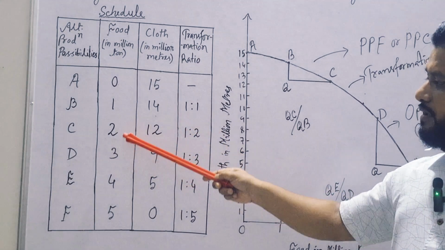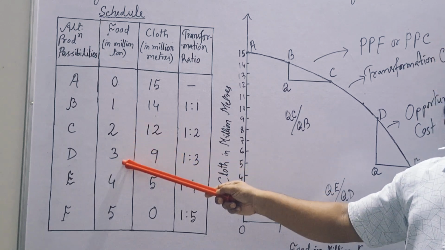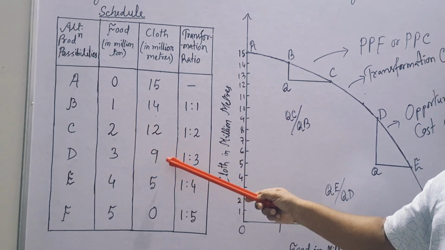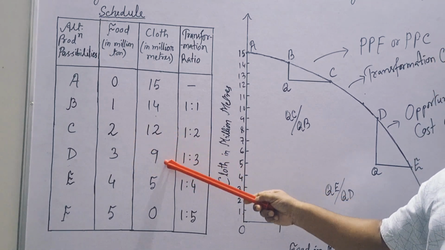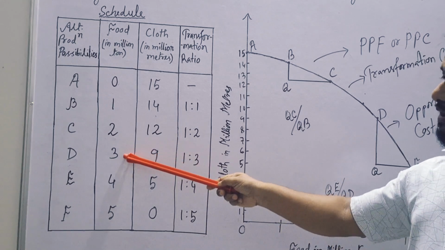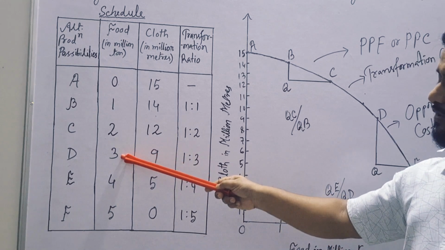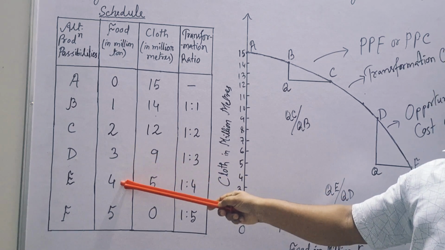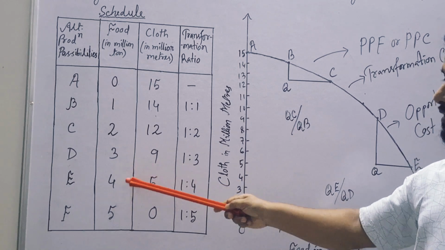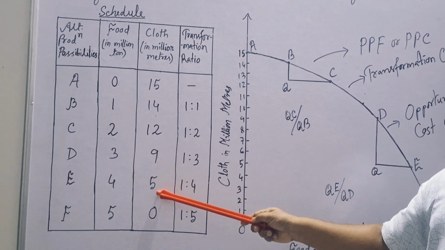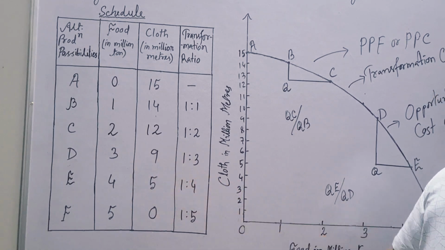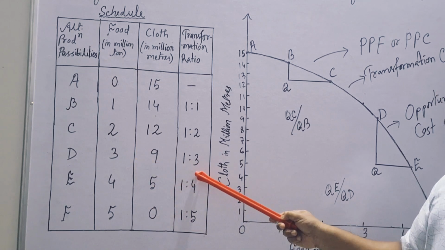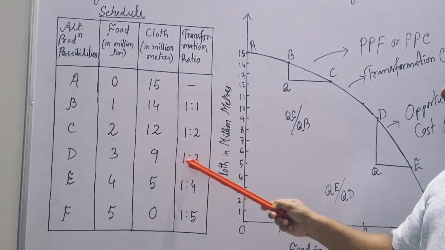And if the country continues to increase the food item, then it has to sacrifice more of the cloth item. So again, if it wants to produce more food, that is 4 units, it can produce only 5 units of cloth. So the ratio shows that 12 minus 9 is 3.